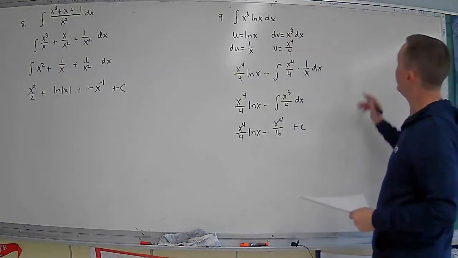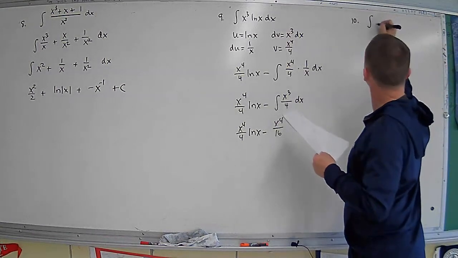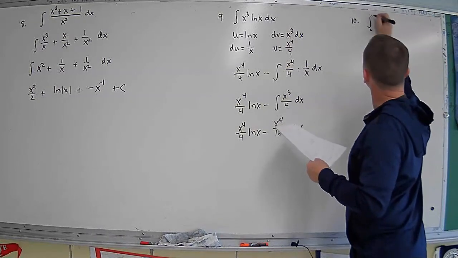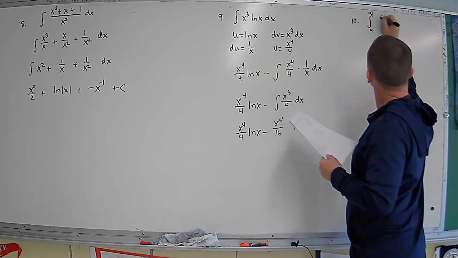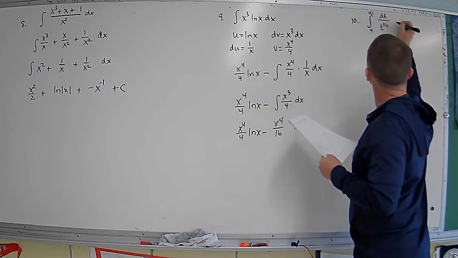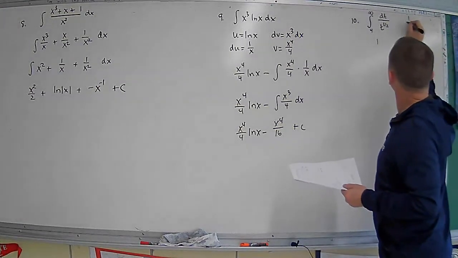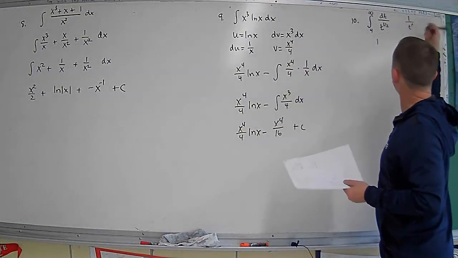And then number 10. Number 10 was pretty simple if you knew the rule that you're allowed to use, because I told you you would be allowed to use this. Okay? This is a p integral. This is of the form 1 over x to the p.